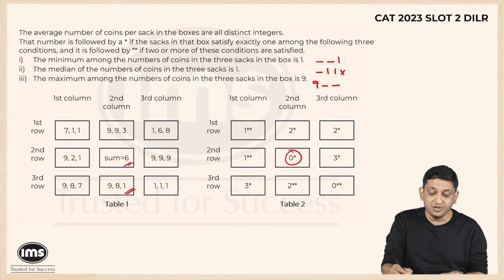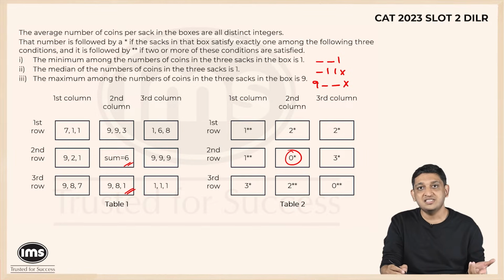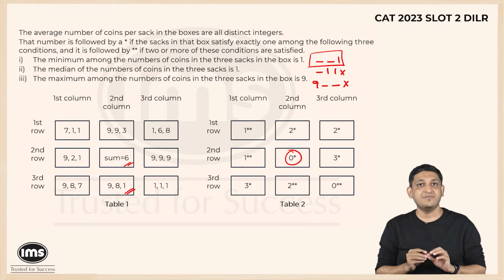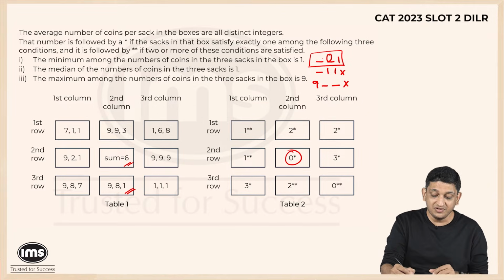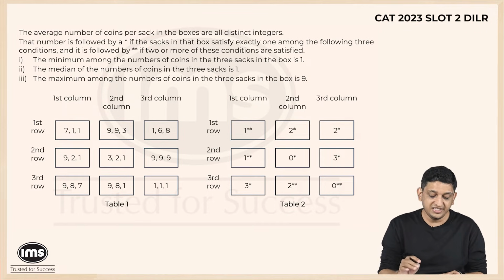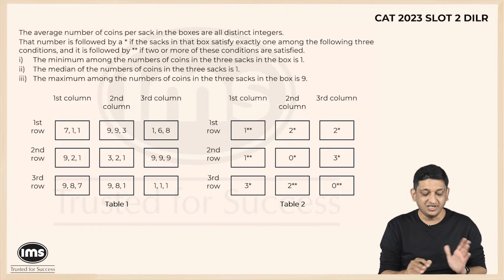And that's why 2 cannot be true for sure. I know for sure that 9 cannot be the maximum value of the coins in any of the sacks because then the sum cannot be 6. It will be much more than 6. That means that -1 is the only case that will be valid. And I also know that these two numbers will not be ones for sure. So I'll have only one way of representing this, and that will basically be 3, 2, 1. And that is what cracks the set.